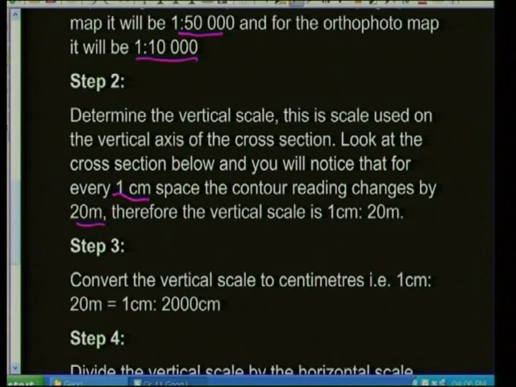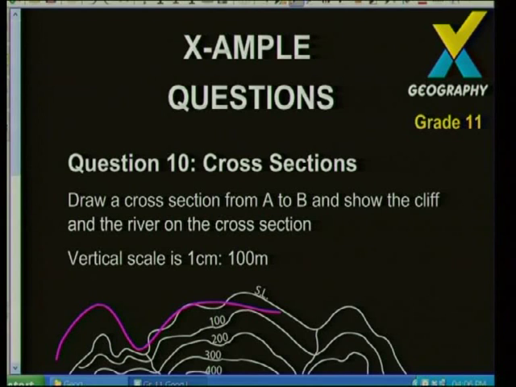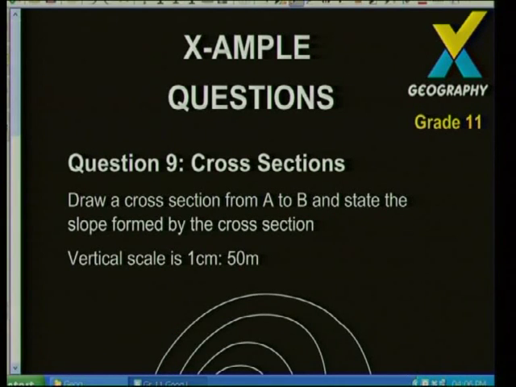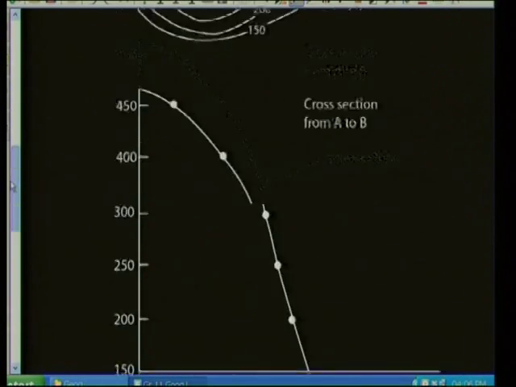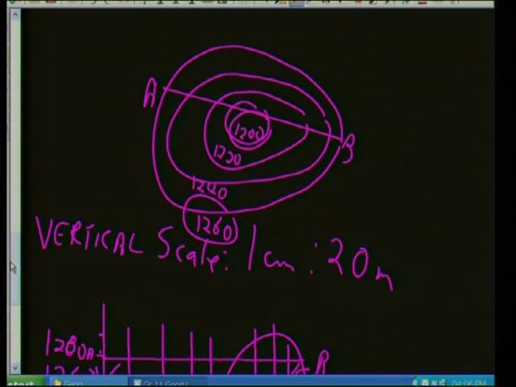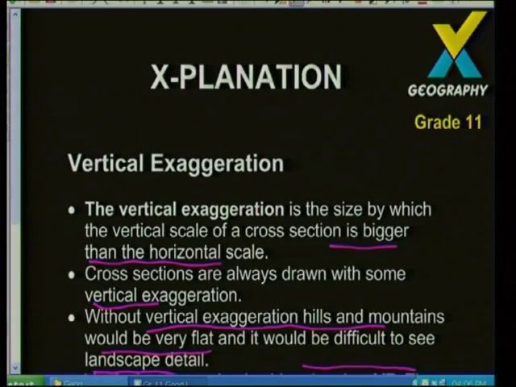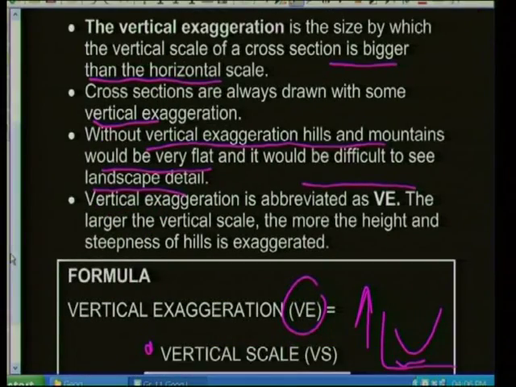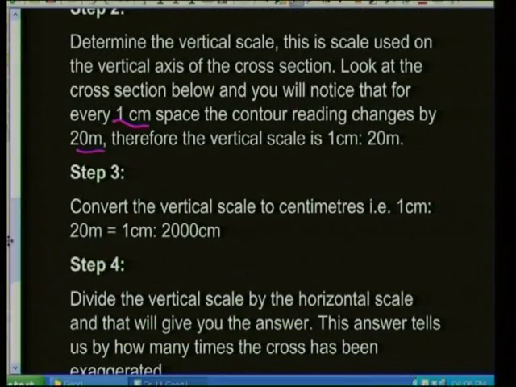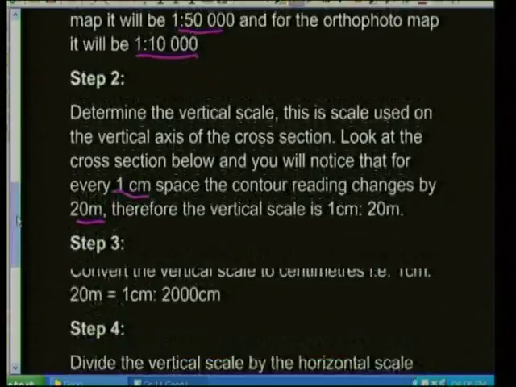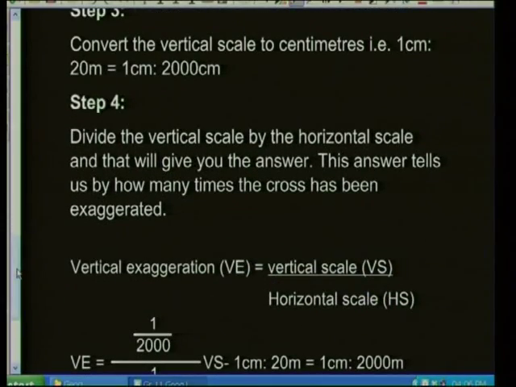If you guys remember, I just want to go quickly to that. If you remember this one, we said 1 centimeter is to 20 meters, so we'll use the same one. Now, let's do a calculation.